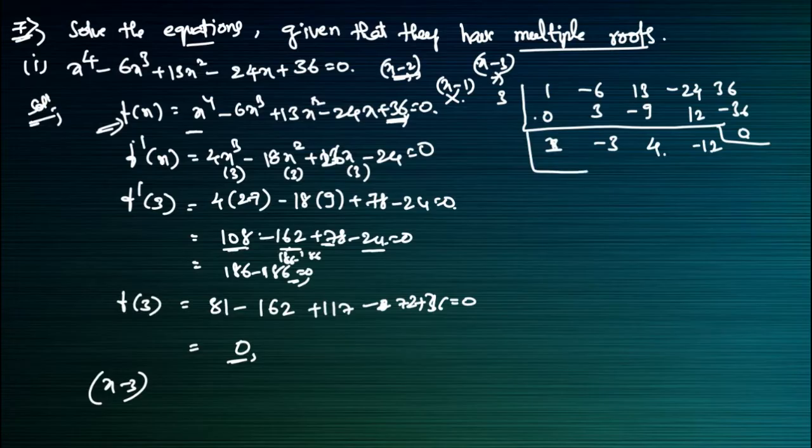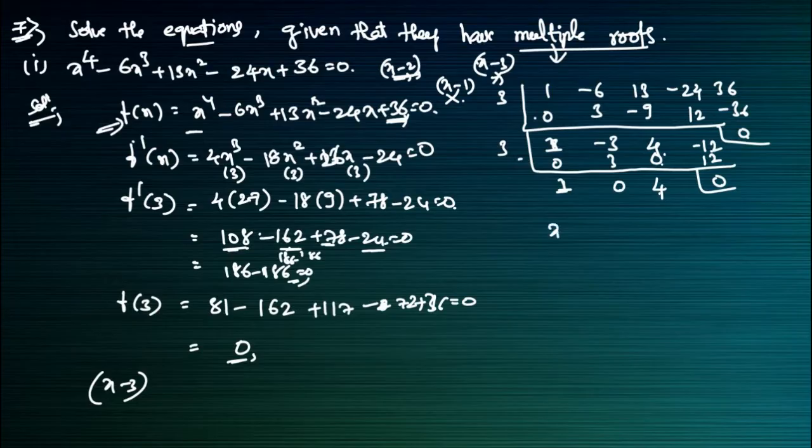So again we'll take 3 here for the multiple roots now, so 0 will come here, 1 times 3 is 3 plus minus 3 is equal to 0, and here 4 times 3 is 12 plus 12 will also come 0.